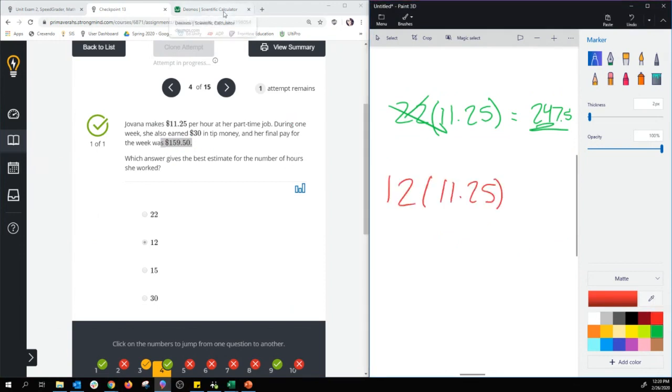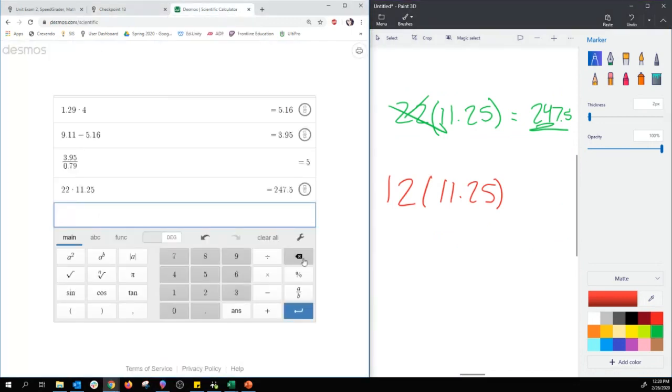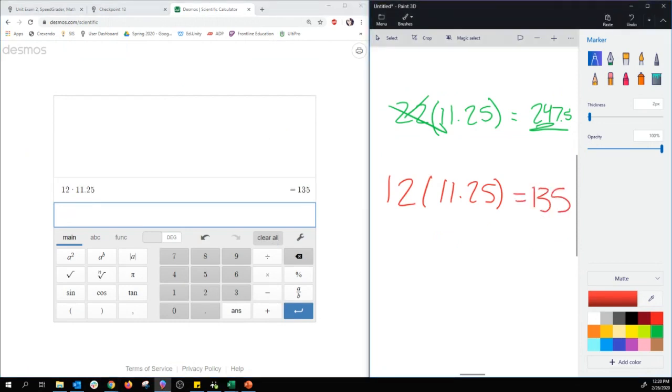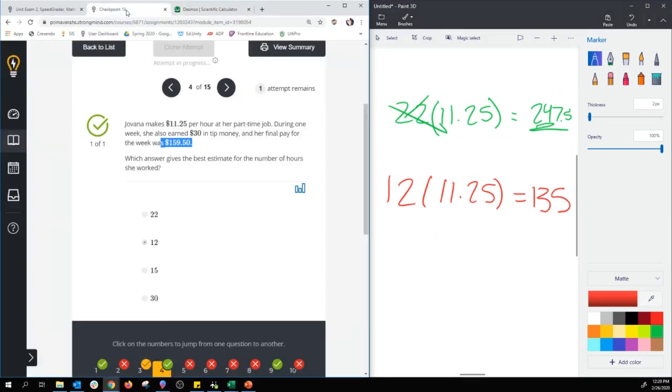So if she worked 12 hours at $11.25 for each hour, she would make $135. So that's good, right? Because it's not exactly this, but it's close. Now, if you were to earn money in tips, is that money that you get to keep, or is that money that you have to pay someone? Like if you're a waitress, if someone gives you money, that's money you get to keep, right?